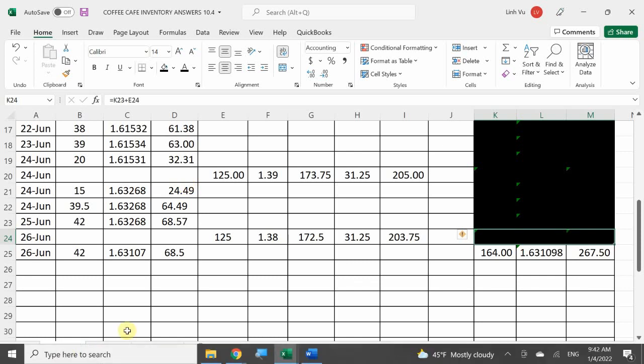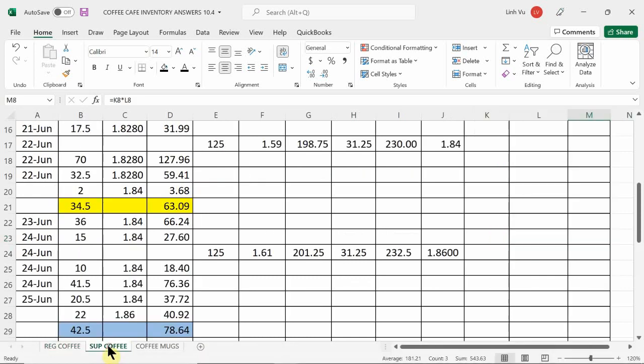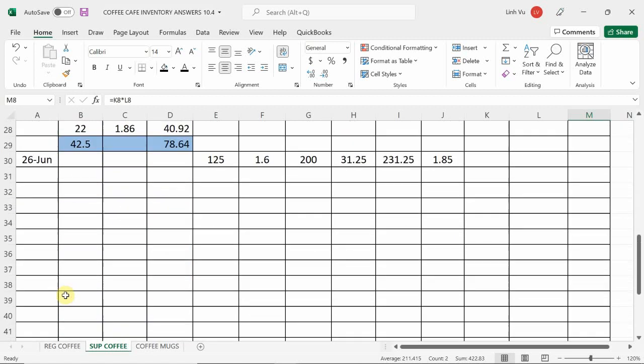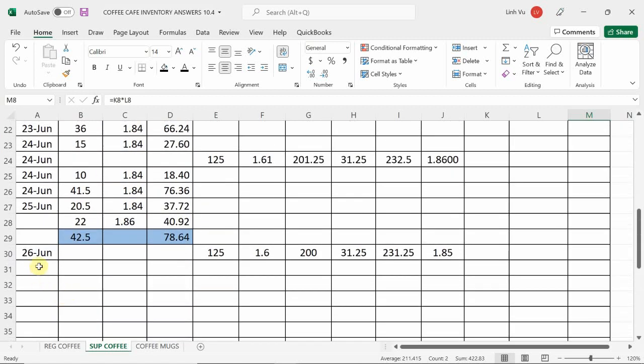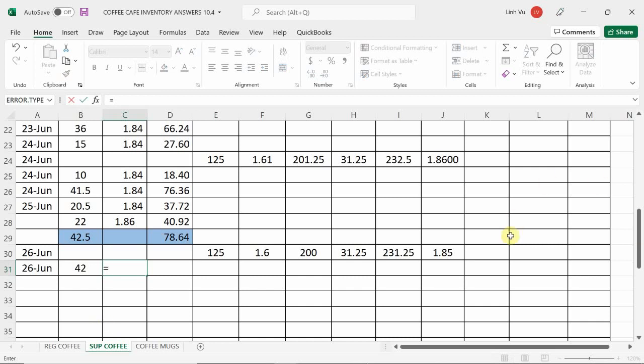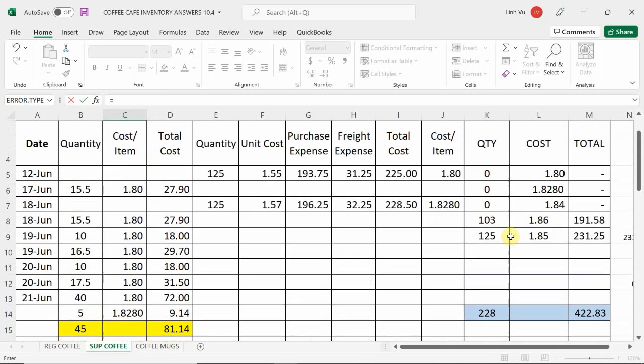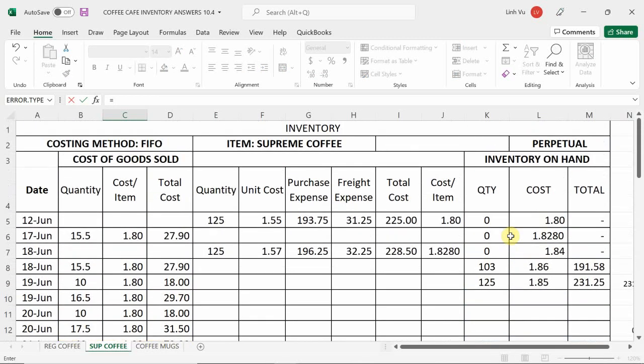Right. So now we got some Supreme coffee. We used another 42 pounds. Now in this case, which batch of inventory am I going to be taking out from?